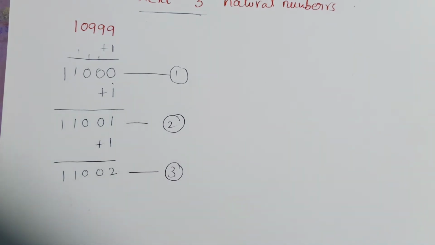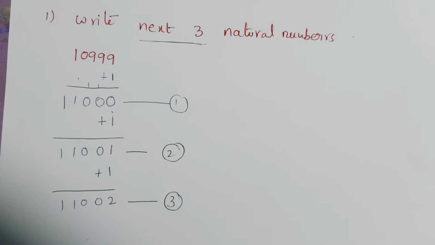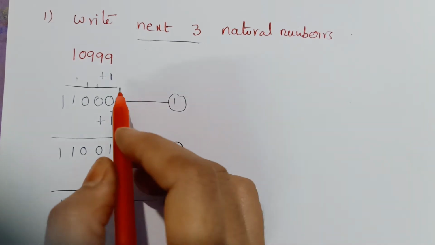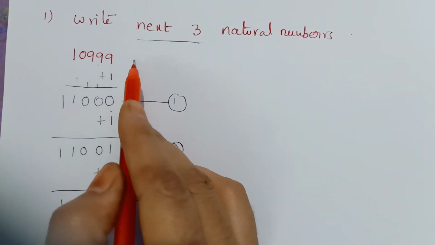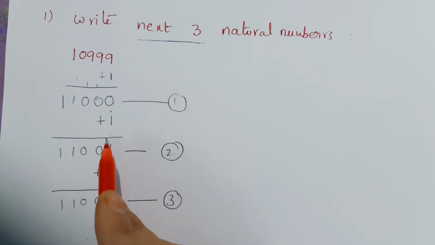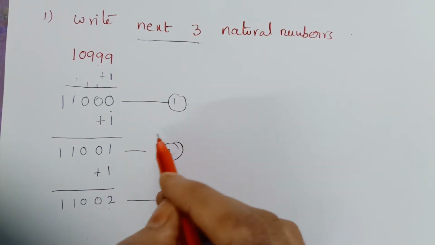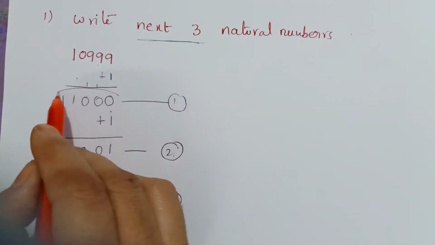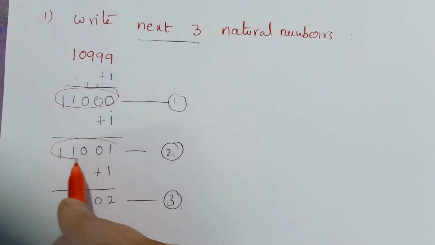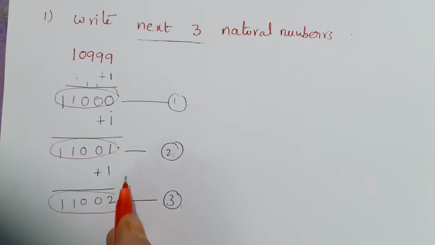What are the next three natural numbers? For 10999, they asked us to add +1. If you add +1 again you get the next one, and if you add +1 again you get the third. So these are the next three natural numbers for the given question.